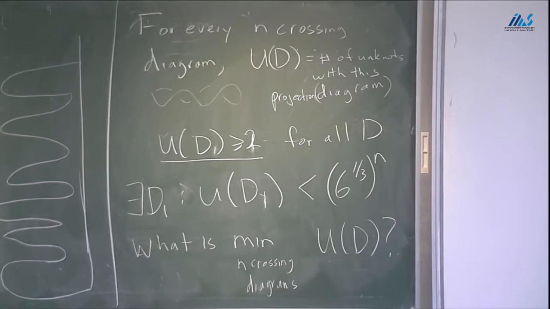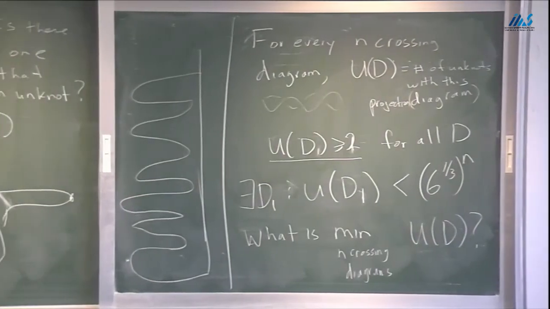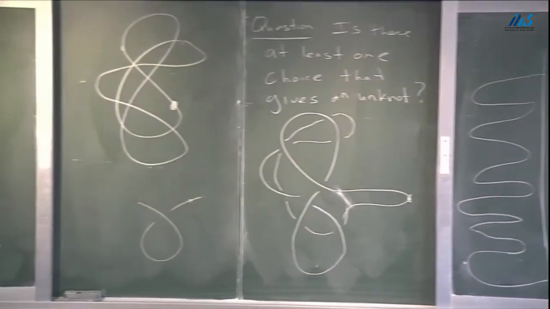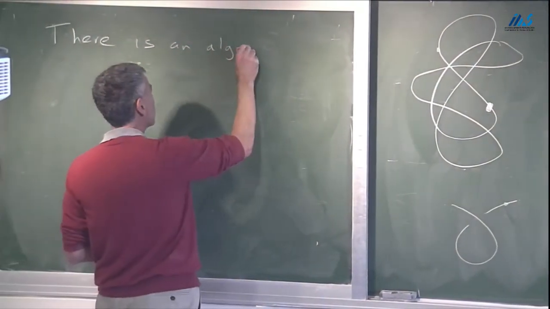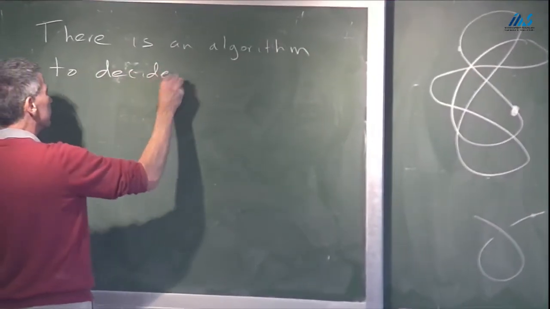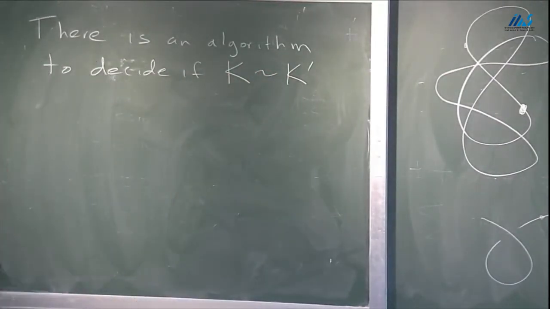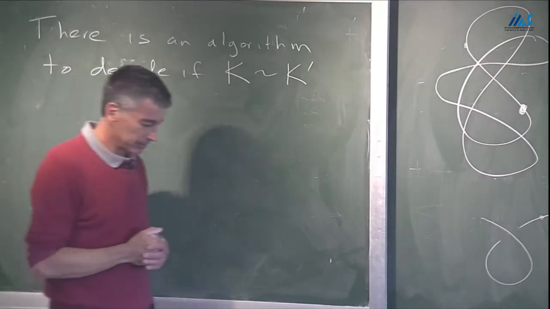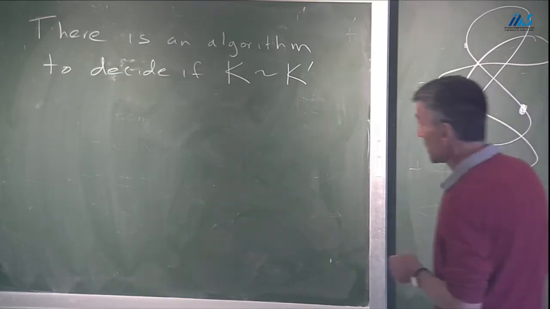One thing that I didn't tell you about knots, but which is sort of central to the theory, is that there is an algorithm to tell whether 2 knots are the same. If you're given 2 diagrams of a knot, there is an algorithm which, in presumably doubly exponential time, will tell you whether the 2 knots are the same.